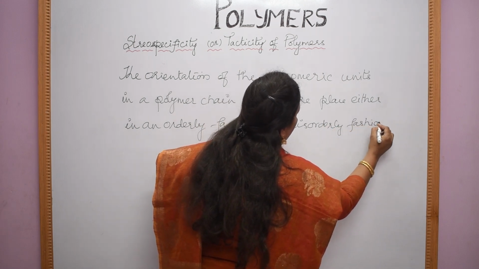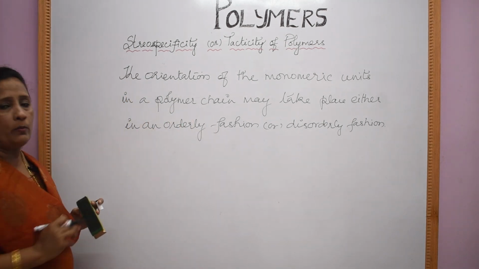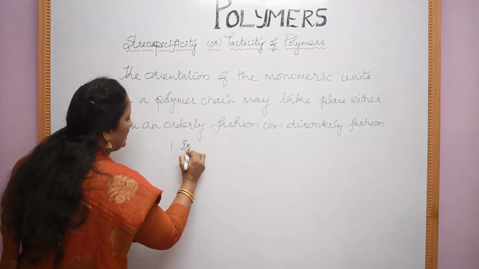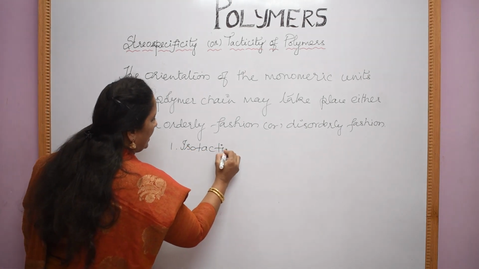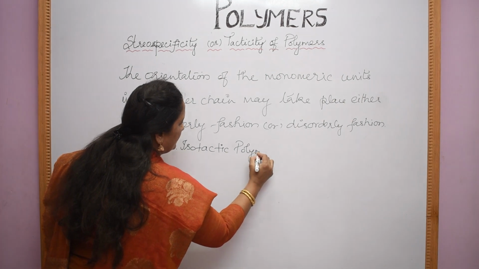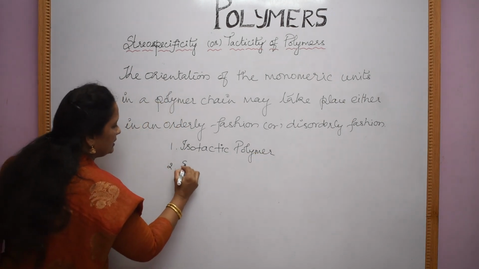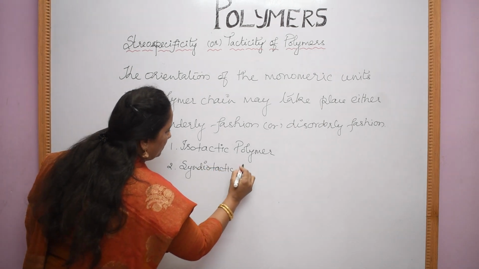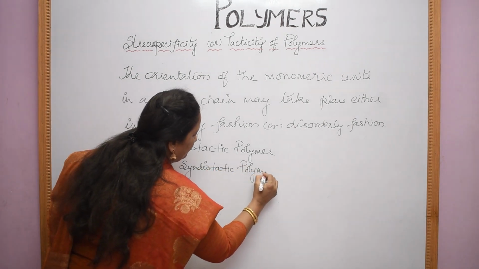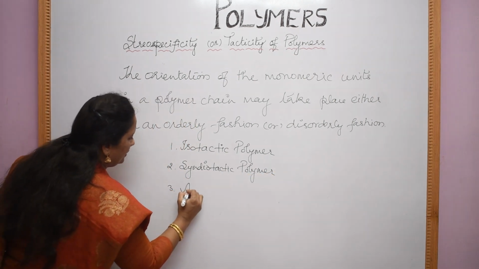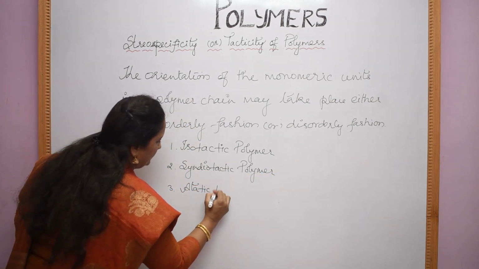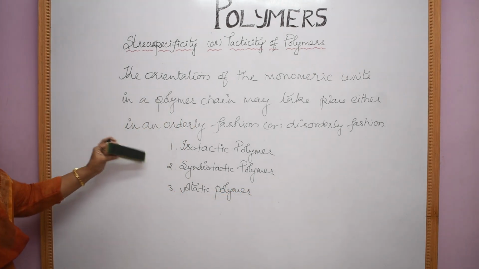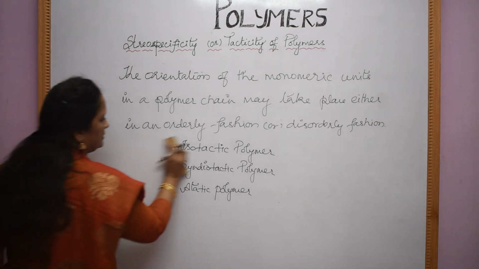So depending upon the orientation of the monomeric units, the polymers are classified into number 1, isotactic polymer, number 2, syndiotactic polymer, number 3, atactic polymer. So let us define each of these in this class.